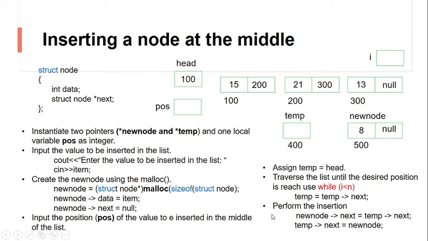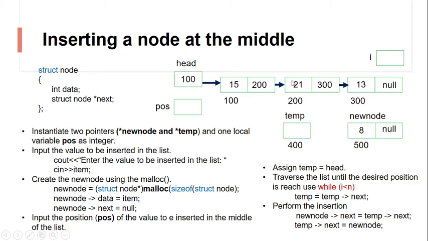Now inserting a node in the middle is a little different from inserting at the beginning and the end, because from this point we'll first be entering what position we want to insert the node. Okay, so currently I have here a list of 1, 2, and 3 nodes.